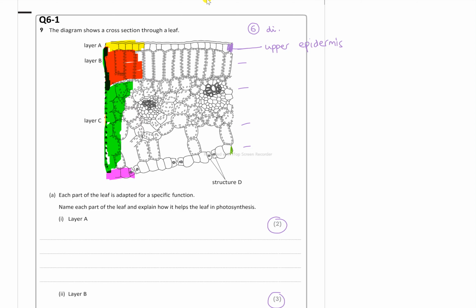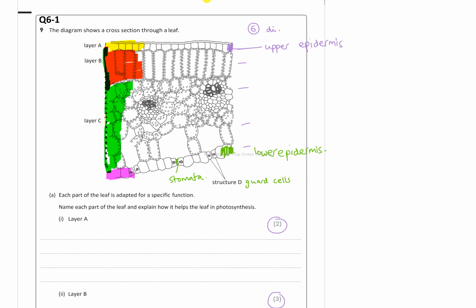Then you've got here, this bottom layer is called the lower epidermis, and it contains these, called guard cells, and if you look, there's a little gap here, the stomata.